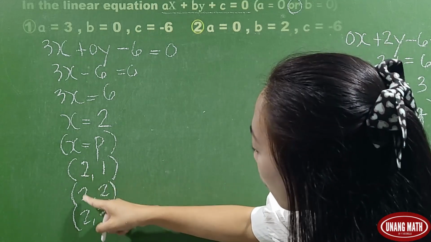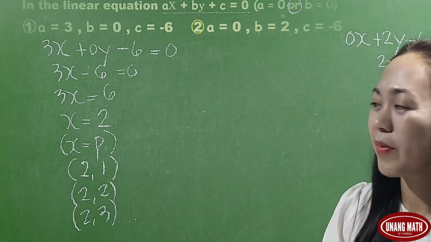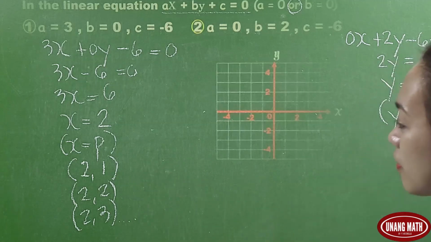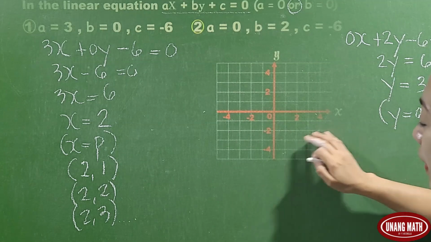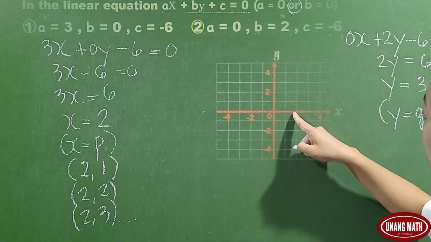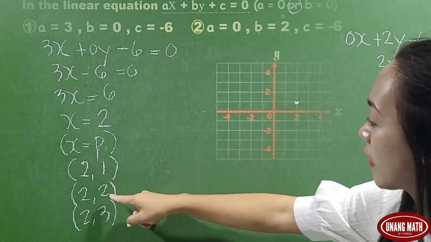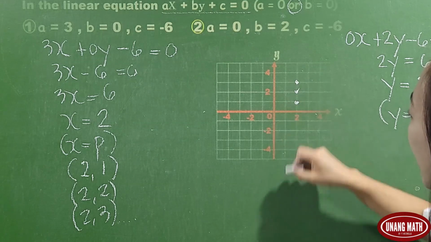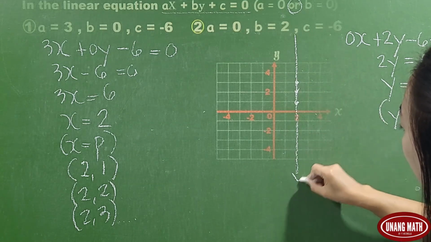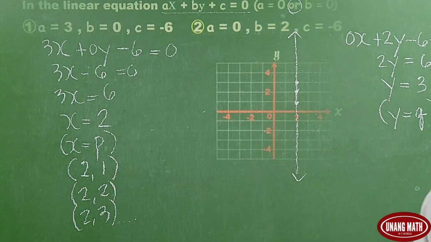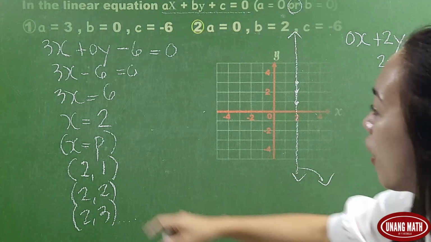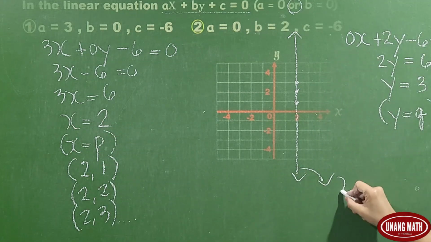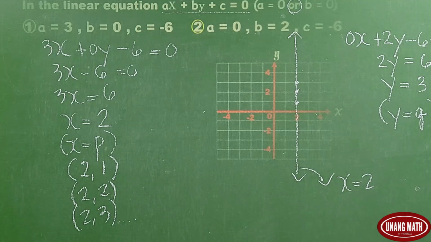So all the x coordinates are 2. And if we plot these points in our coordinate plane, let's start with (2, 1). Next is (2, 2), (2, 3), and so on. So the graph looks like this. So this is now the graph of x is equal to 2.